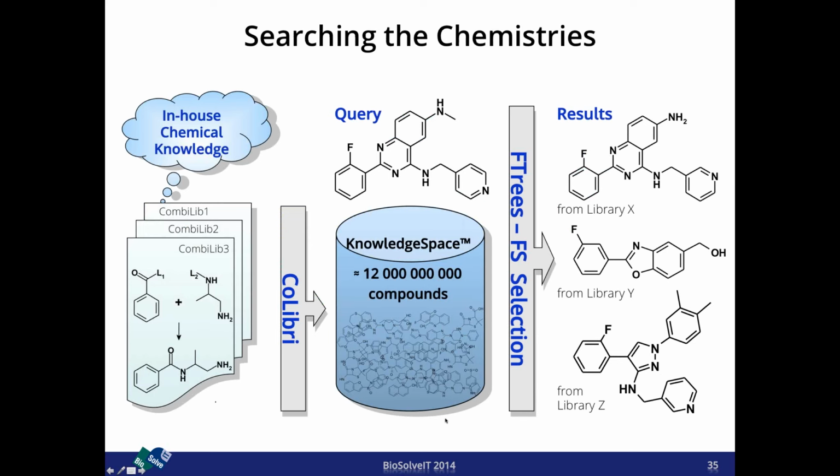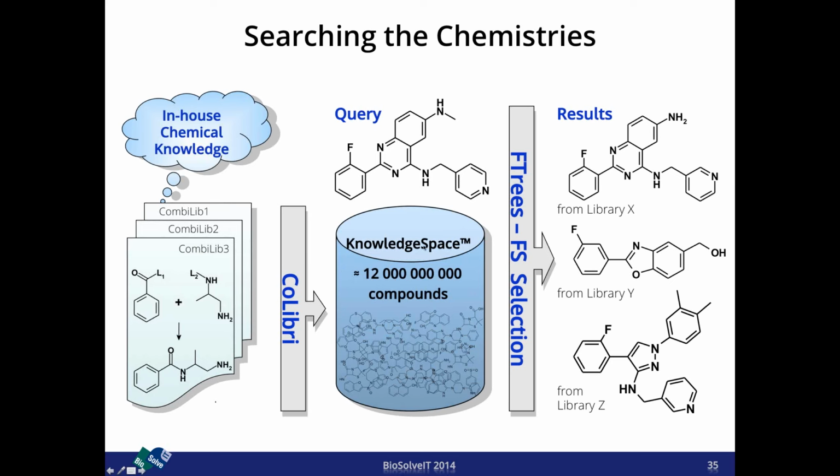So what does that mean for you more concretely? For example, you have your in-house chemical knowledge here. You could use certain combinatorial libraries if you'd like to. There is a tool which helps to set up this fragment space without worrying about duplicates and so forth. It does the bookkeeping essentially. Then this query molecule could query this space.